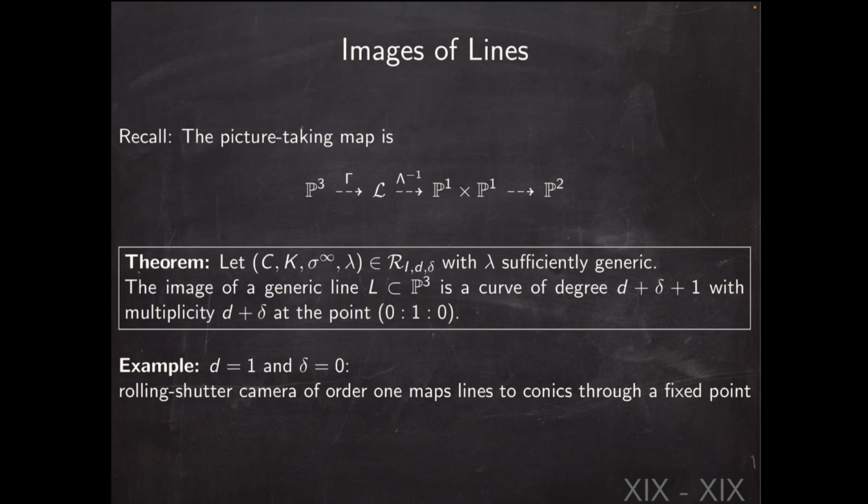But then still, if it's an order 1 camera moving along a line and doesn't rotate, it's going to map lines to conics, and the conics have to pass through the point 0, 1, 0. Okay, that's all I wanted to say.